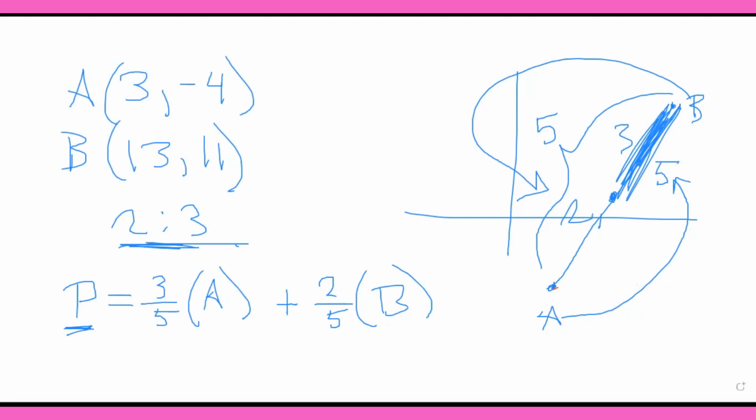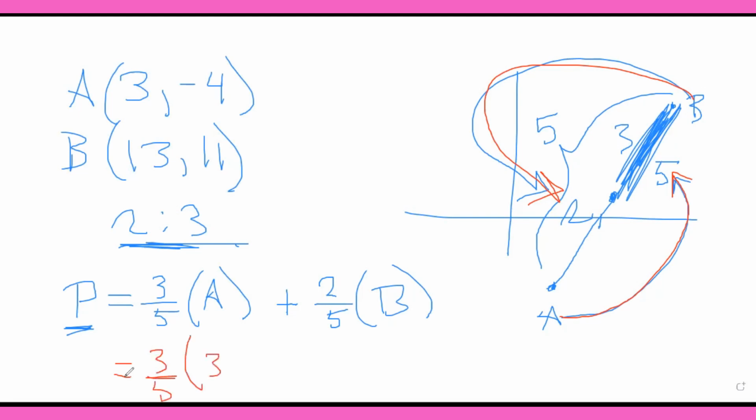And what's nice about this equation is that we never even have to graph it if we don't want to. We can just plug it into this equation as long as we remember the equation. The tricky part is that we do the opposite portion for that endpoint. So B times 2/5, A times 3/5. Then we just plug in those points.